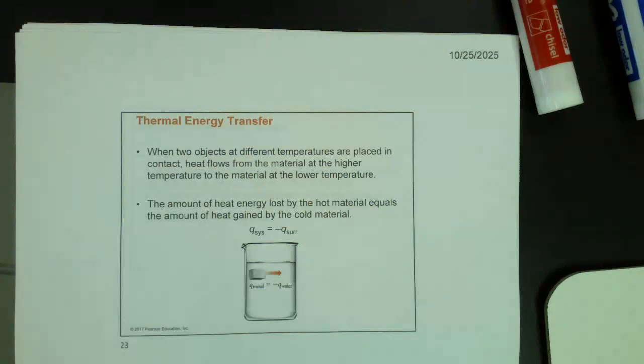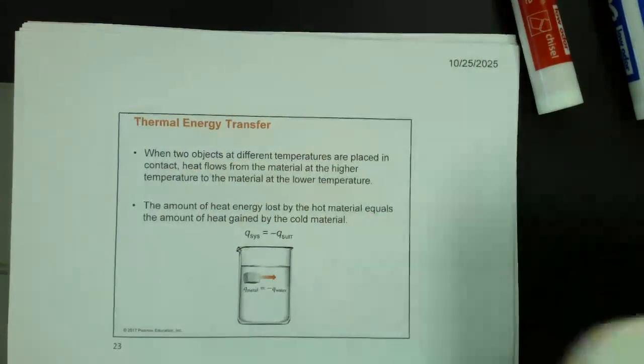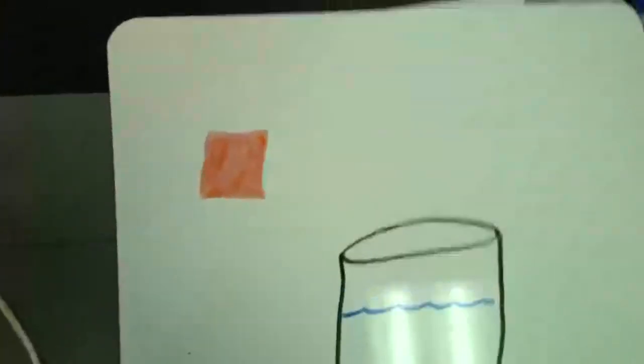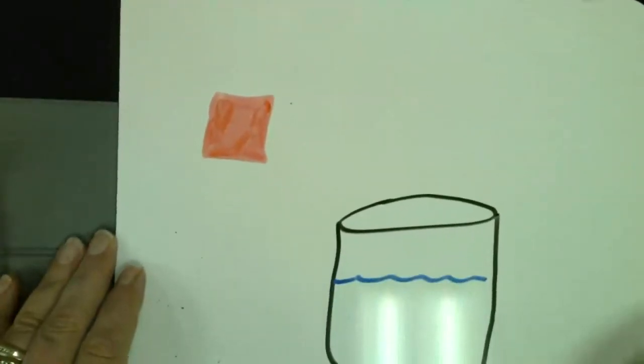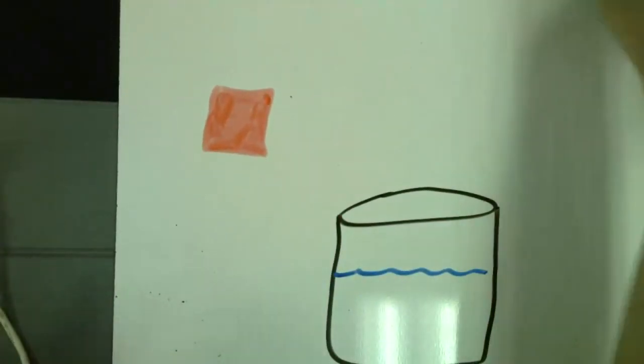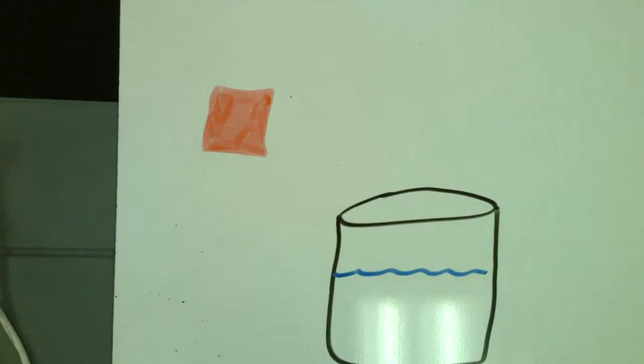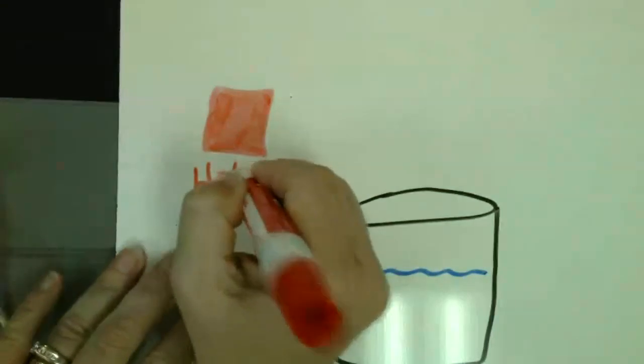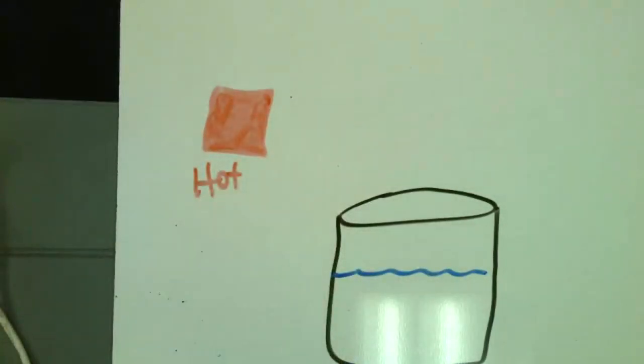So let's think about this without any numbers first. I'm going to bring in first class drawing here. Okay. So without numbers, we're going to keep this very qualitative. We're going to pretend that this is hot. This is a piece of metal or a block or a rock, something that we've heated up really, really hot.